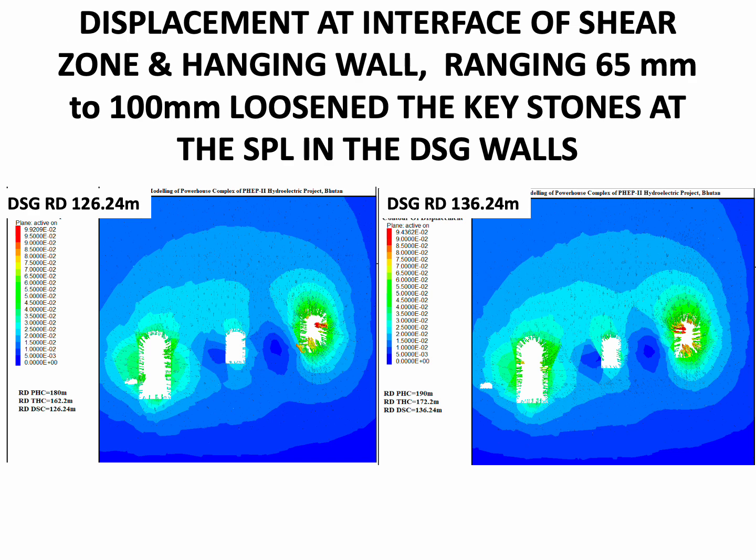Therefore, as the displacements at SPL level in the walls of Downstream Surge Gallery increased with the increase in depth of the excavation, the increased displacements loosened the keystones at the SPL in the Downstream Surge Gallery.